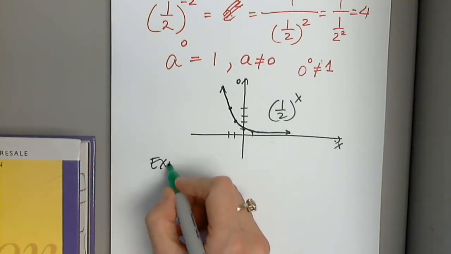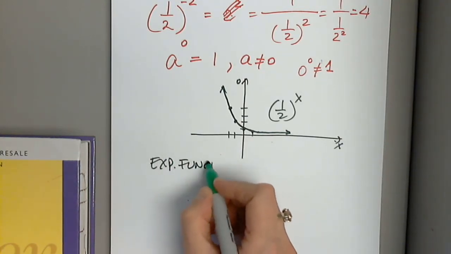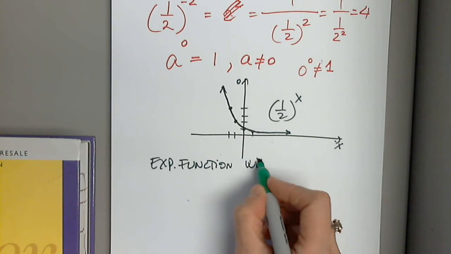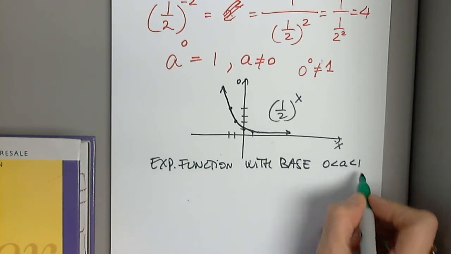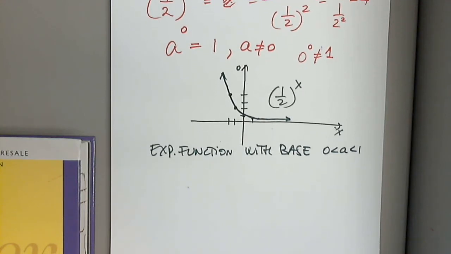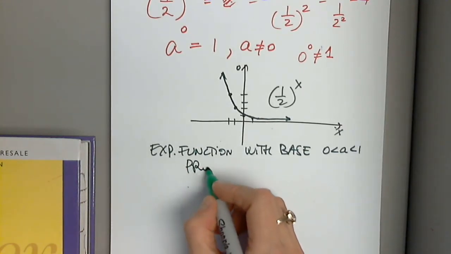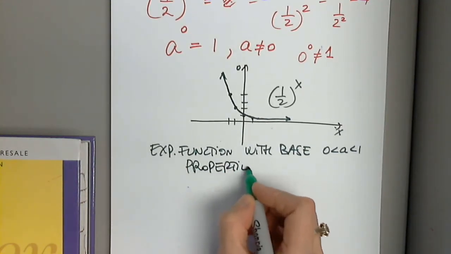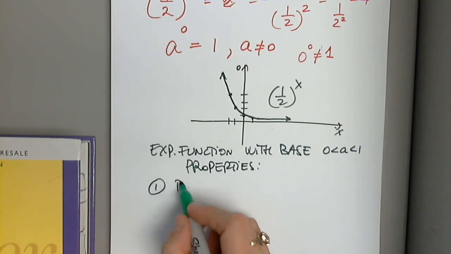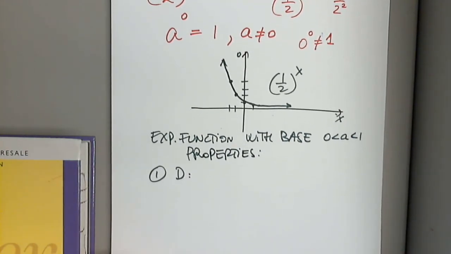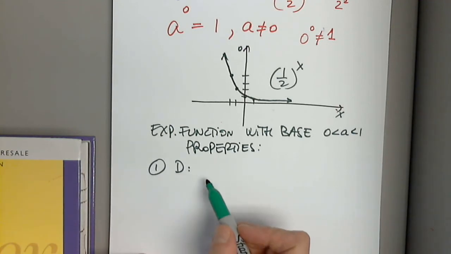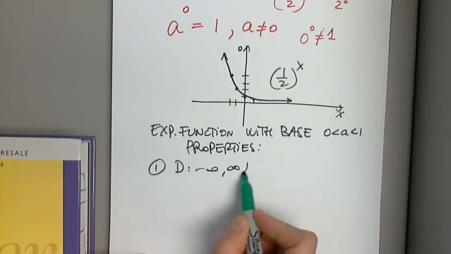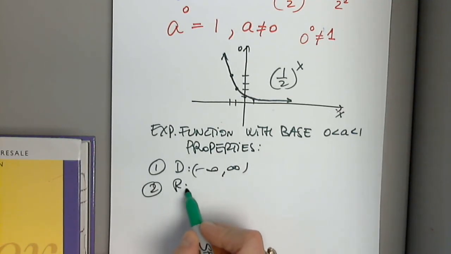So, exponential function with base between 0 and 1. Properties. 1, domain. Thank you. Range.